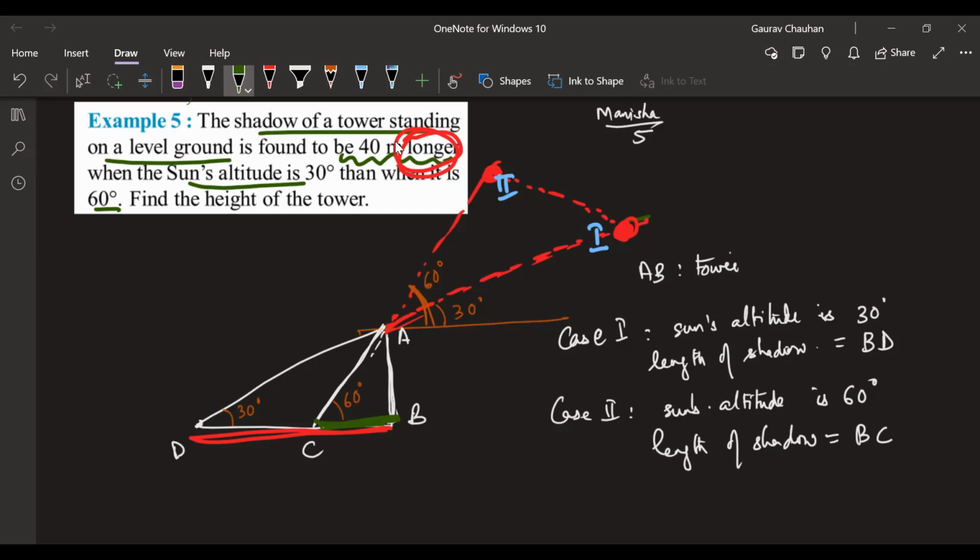That's what it is saying. So how are you feeling about this now? Yeah, so that is what tells me that this distance is going to be 40 meters. Not BD, not BC.